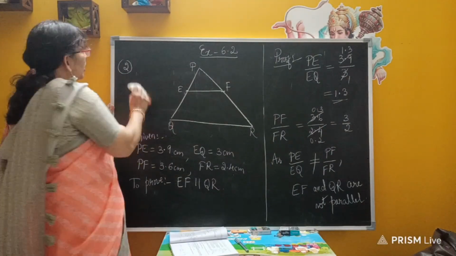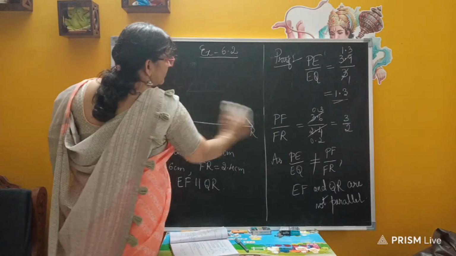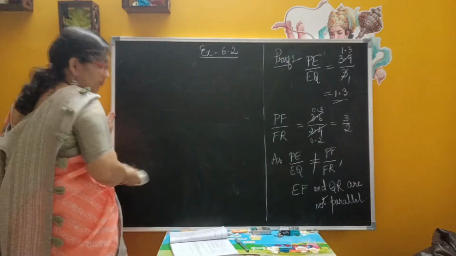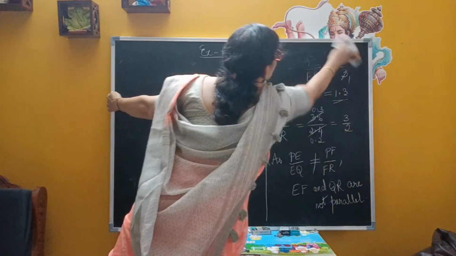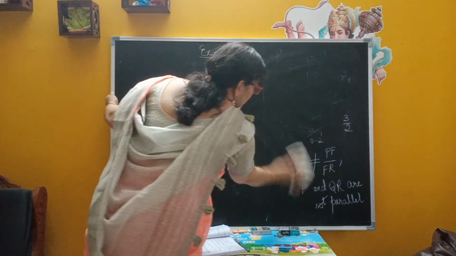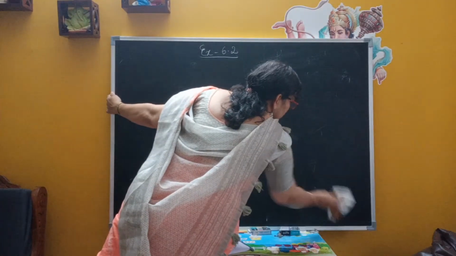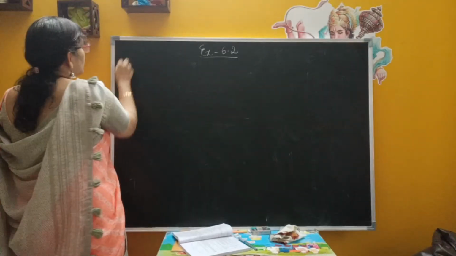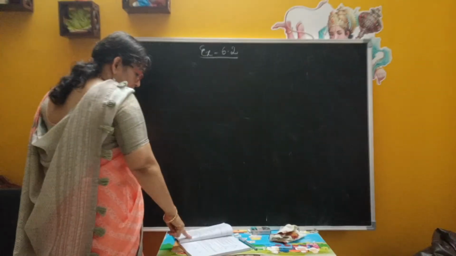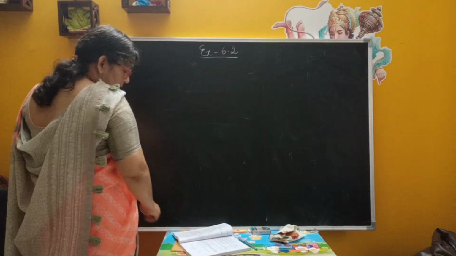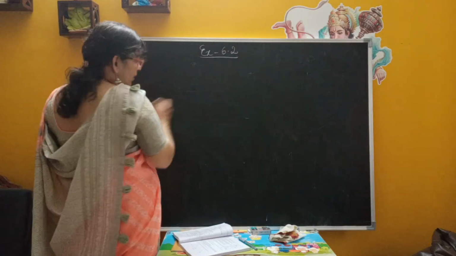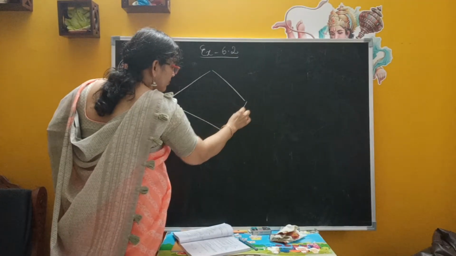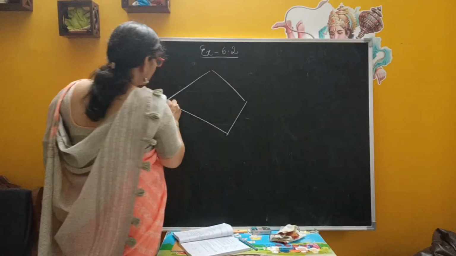Now let us take the third one, third main. Figure 6.18. Which is 6.18? Let me draw it now. This is a triangle.